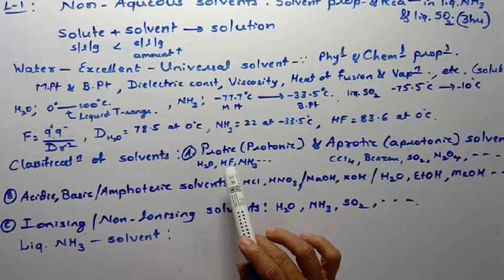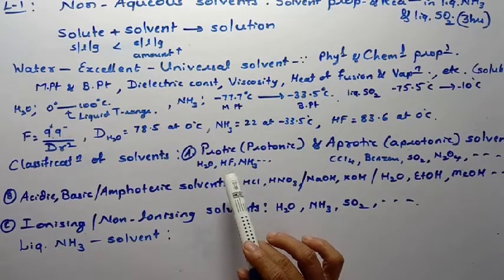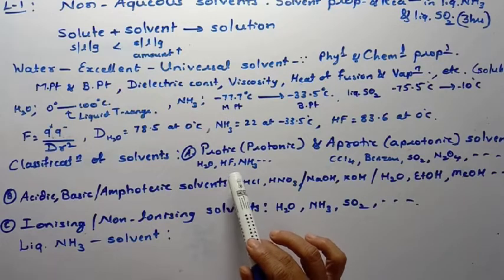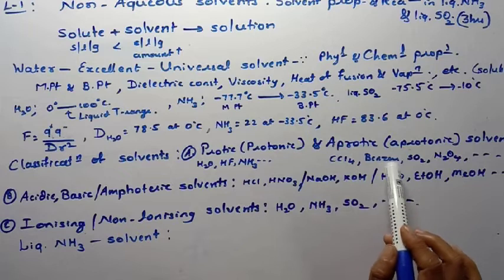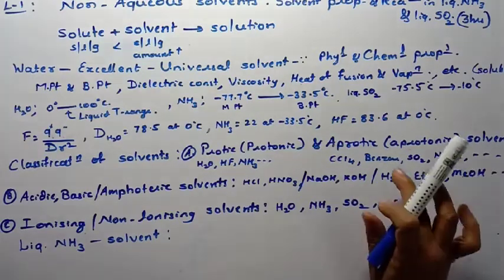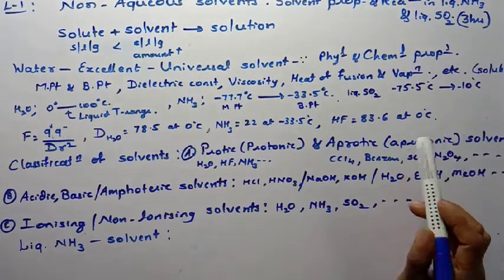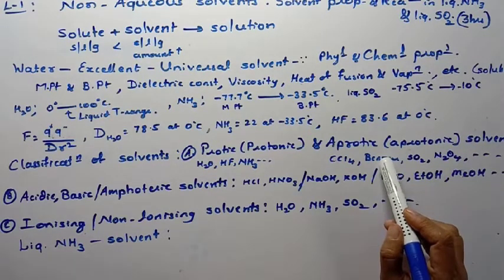Or the solvents which contain hydrogen in them are said to be protonic. And those which do not contain hydrogen in them cannot produce protons. Even benzene has C6H6, but it doesn't undergo ionization, isn't it?